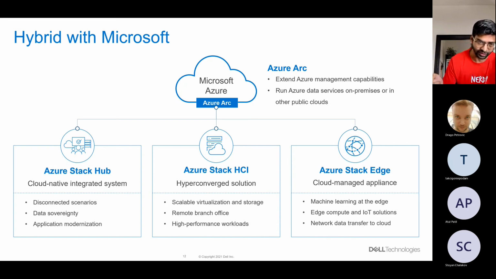There's somewhere remote in the forest of Africa. Maybe there's no internet at all. But why should that stop you from using Azure services? It should not. So that is where you go for Azure Stack Hub. You order the appliance and you connect. All your users will connect to that appliance that sits on your premises, and they would feel as if they were connected to Azure. So that comes with its pros and cons.